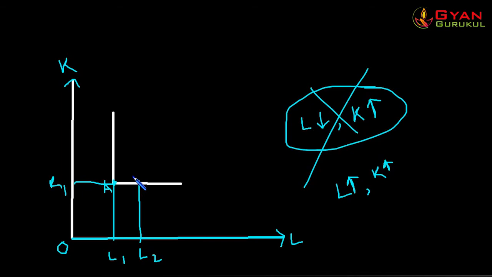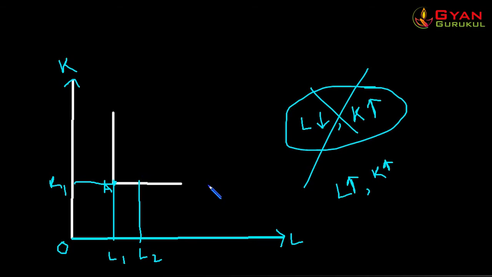Why? Because in order to increase production, you also have to increase capital as well, because they are complements. You cannot use one factor without the help of the other factor.